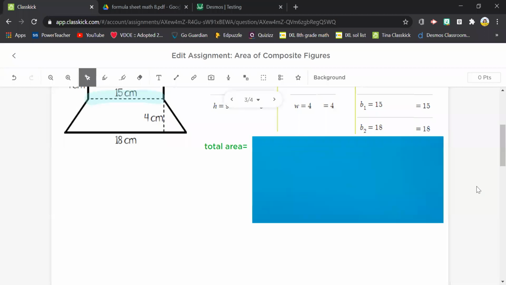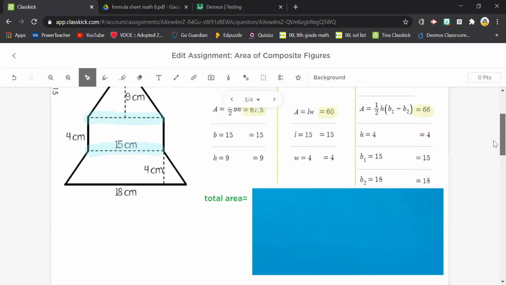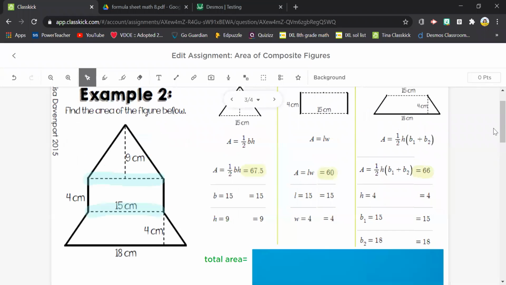To get the total area, my triangle piece was 67.5, the rectangle piece was 60, the trapezoid was 66. So guys, all three of these shapes fit together to make one big shape. So to get the area, I need to take all of the areas and add them together to get one big area.